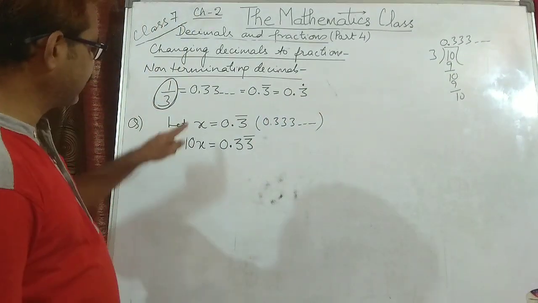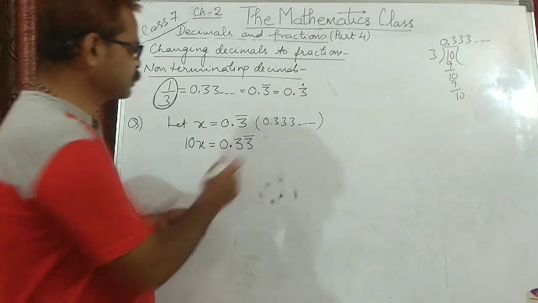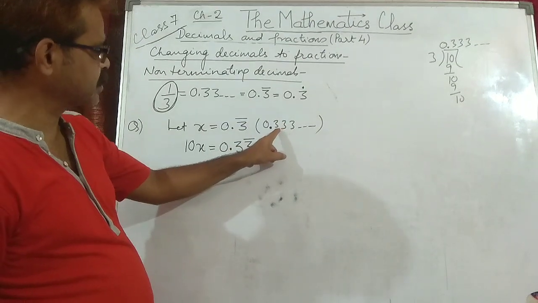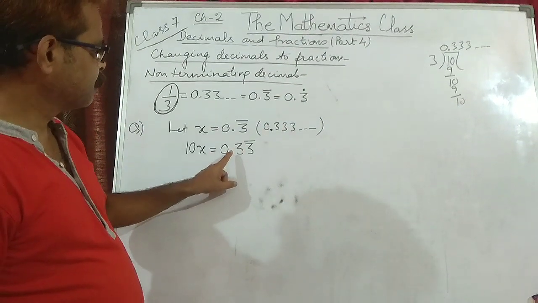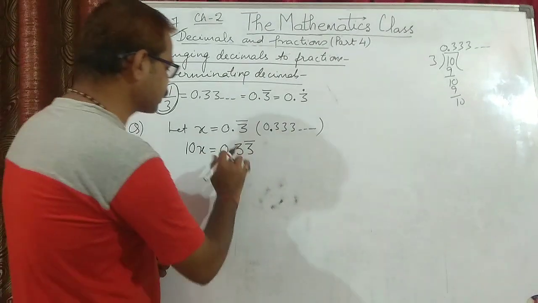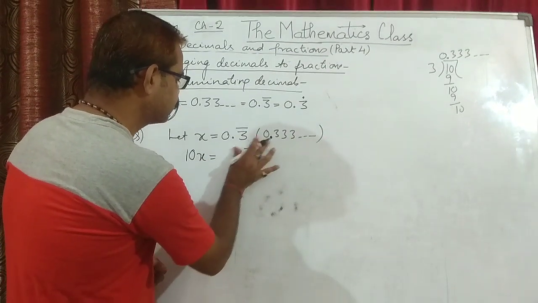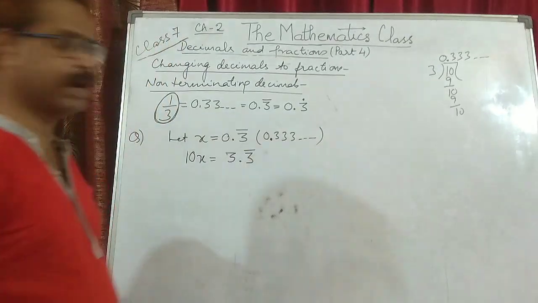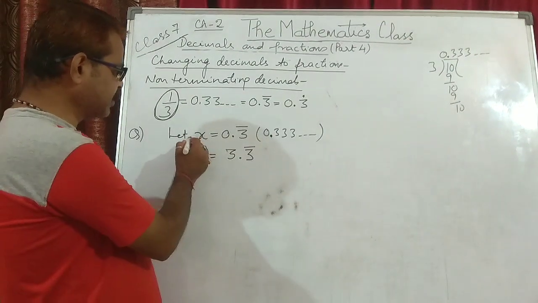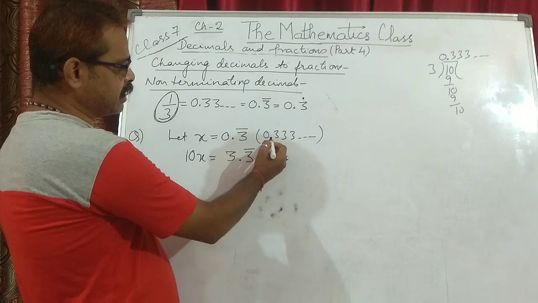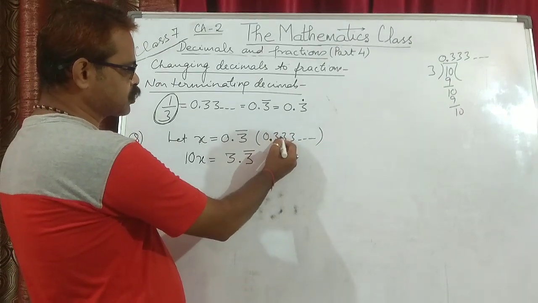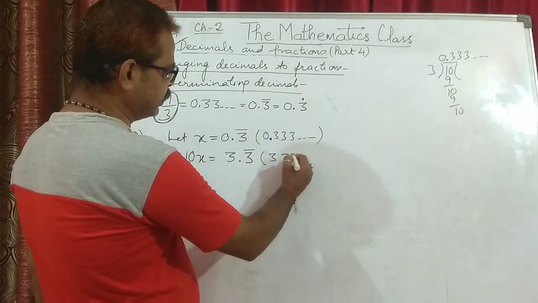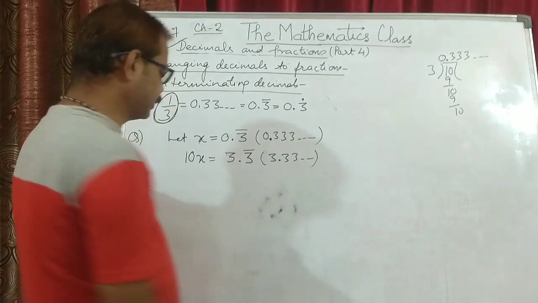So if we multiply by 10, this will become 10x, and in this place the decimal will shift one place towards the right. So now it will become 3.33 and so on.